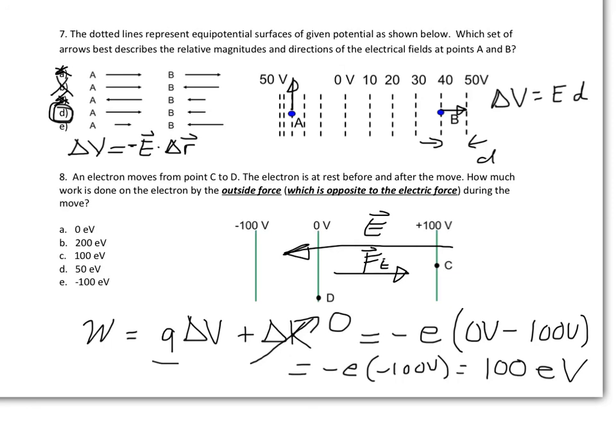Now it's starting at C, going to D, and the electric force is pushing it back towards C. So if I'm going to keep it going from here to here, I'm actually pushing in the opposite direction of the electric force, because that electric force would accelerate it this way. I'm pushing it in the direction of the motion, and hence I'm doing positive work. And sure enough, we do get a positive sign here.